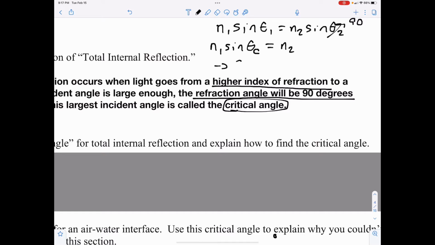If you solve for the sine of theta c, it's the ratio of N2 to N1, where N1 has to be greater than N2. Has to. Otherwise, you run into a domain error.